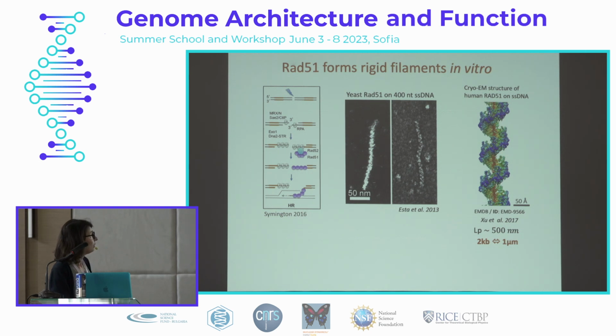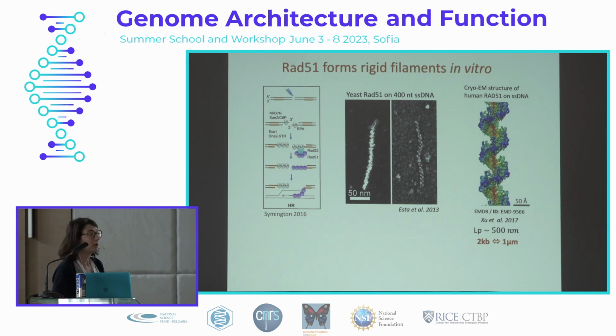It forms a very stiff structure, as you can see in this electron micrograph. It's important to have some numbers in mind. It stretches the single-strand DNA up to 1.5-fold the B form of DNA, meaning that 1 kb of single-strand gives you 500 nanometers of RAD51 filament.